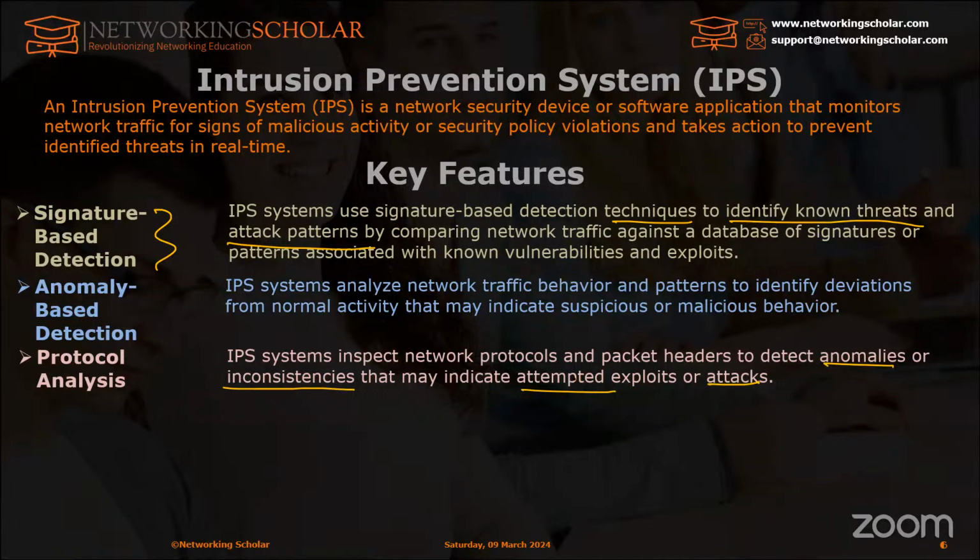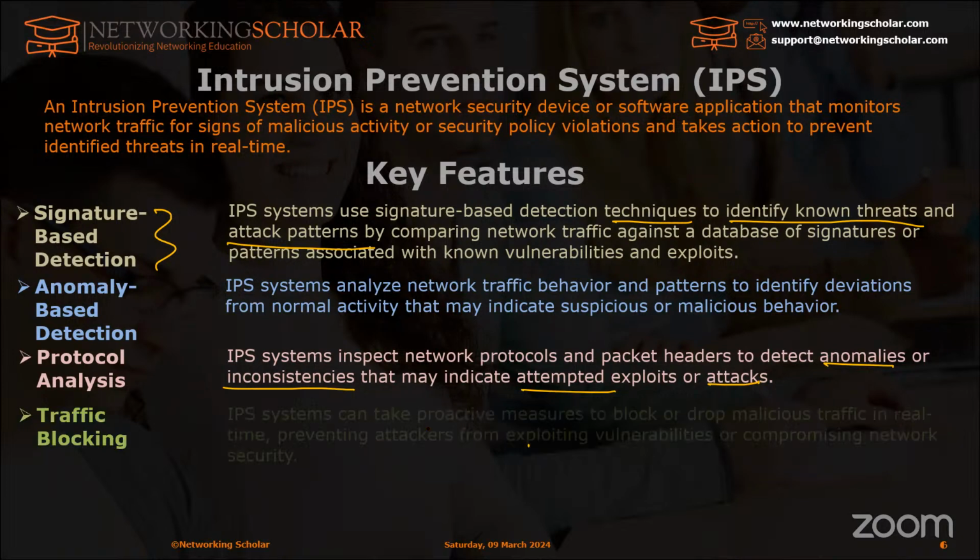Suppose you have enabled 80 and 443 only, and someone is trying to get access through 4433 or 22 telnet, something like that. Then it will check protocol by protocol, and these ports are not allowed, so they can be blocked.